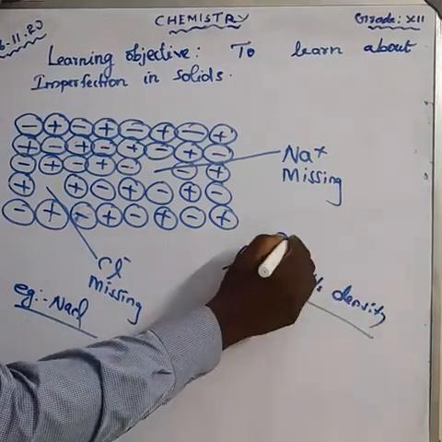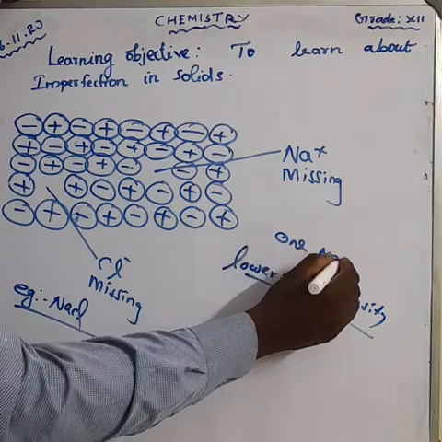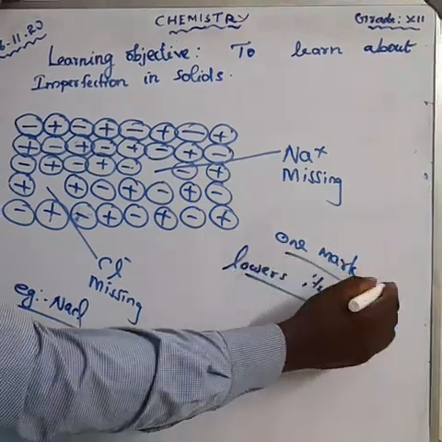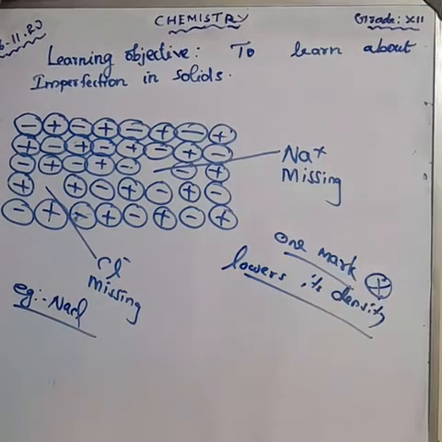This is a 1 mark question. The presence of a large number of Schottky defects in the crystal lowers its density.